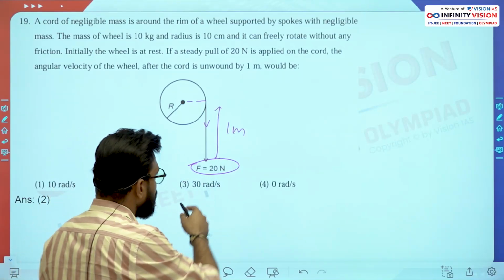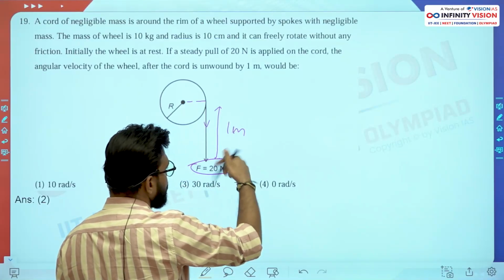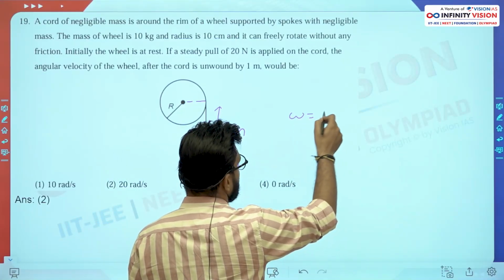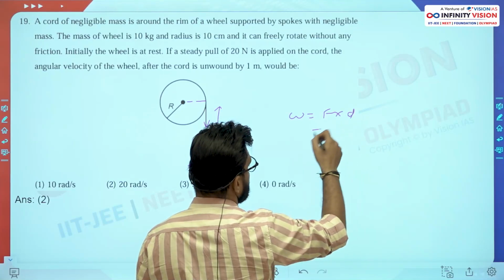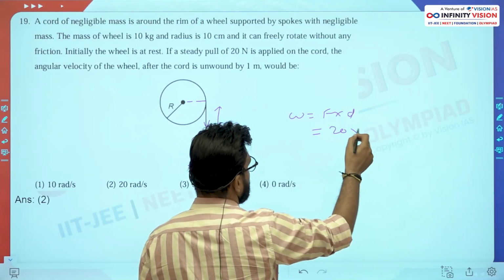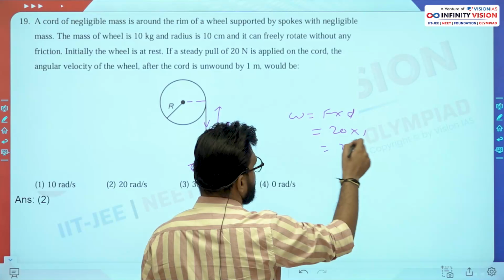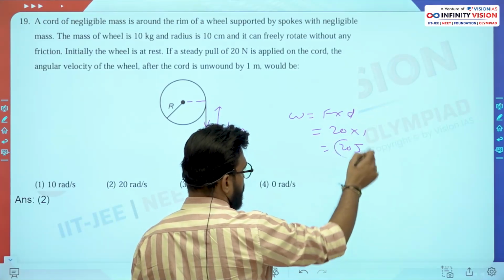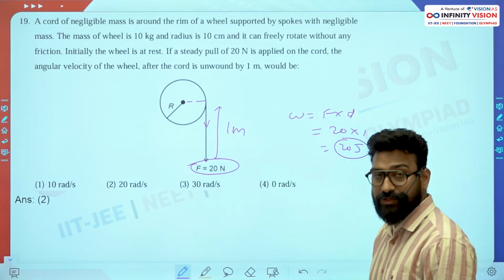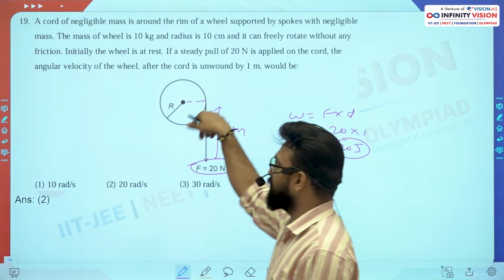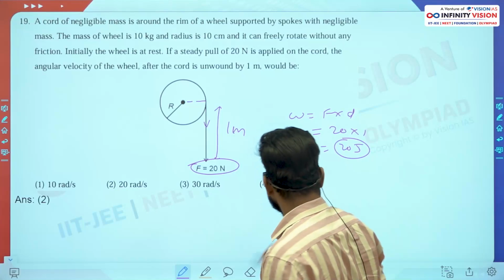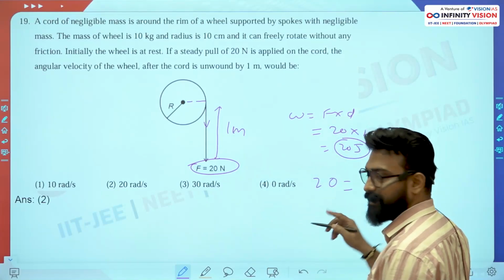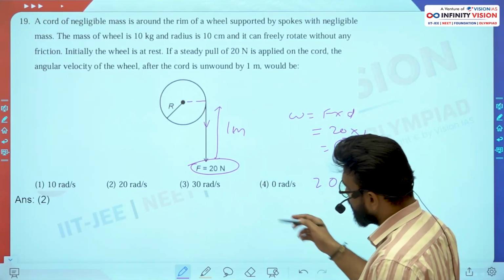If 1 meter of wire comes out, the work done by this force would be equal to force into displacement. Force is 20, displacement is 1, so 20 joule of work is being done. This work will increase the rotational kinetic energy, so it would be equal to the change in rotational kinetic energy.